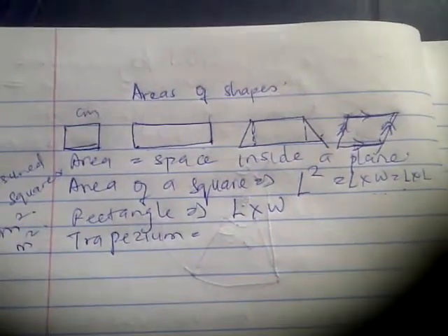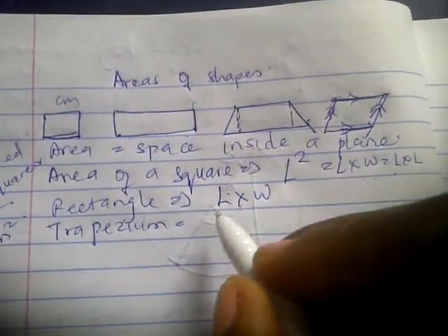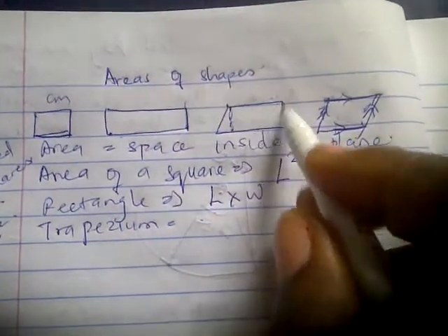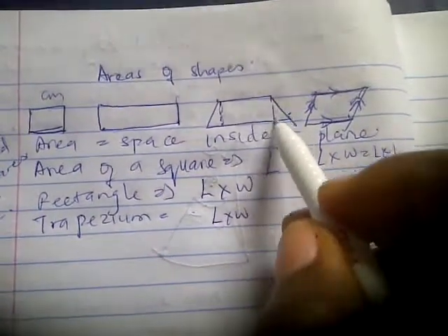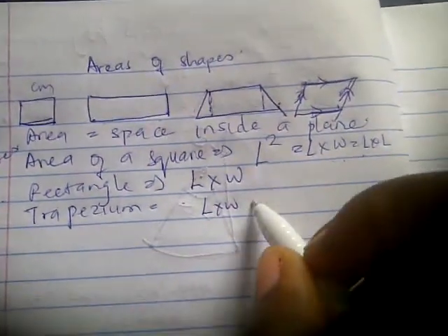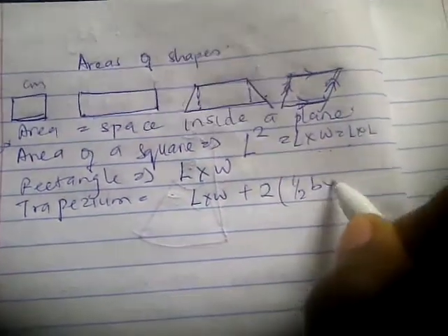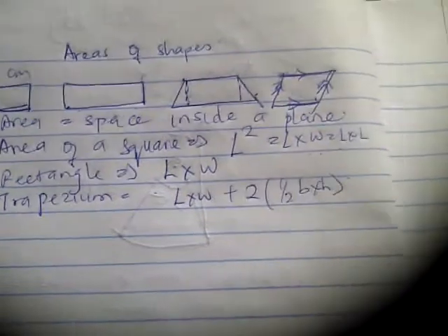Okay, and you know that the area of a rectangle is length times width, and then the area of a triangle is half base times height.